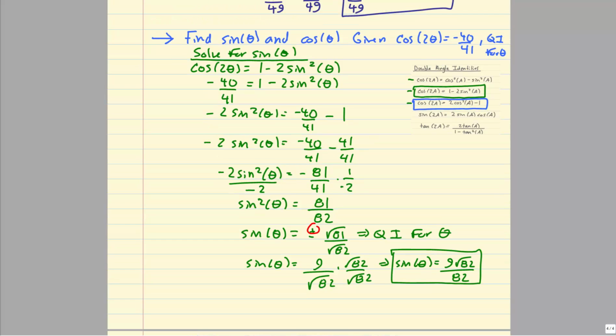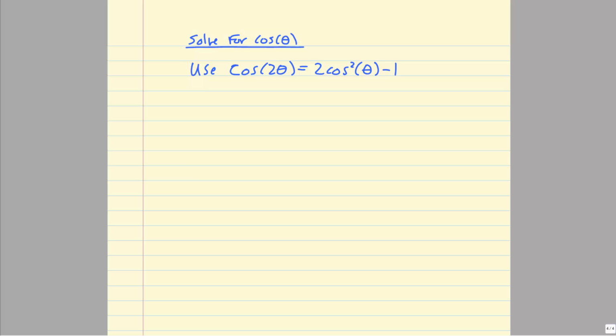Now remember, the information that I was given is that the cosine of 2 theta is negative 40 over 41. So here I'd have negative 40 over 41 is equal to 2 cosine squared of theta minus 1. Now our goal here is to isolate cosine squared, to get that by itself, and then to take the square root of both sides. Okay, so let's go ahead and do that.